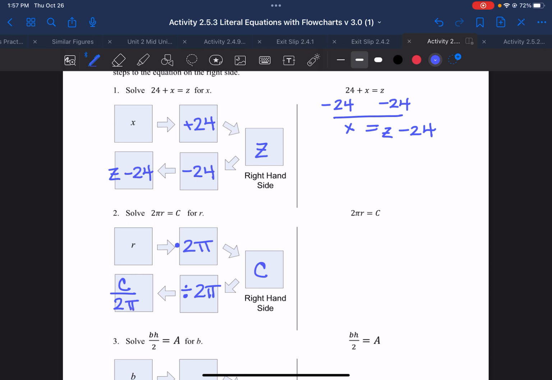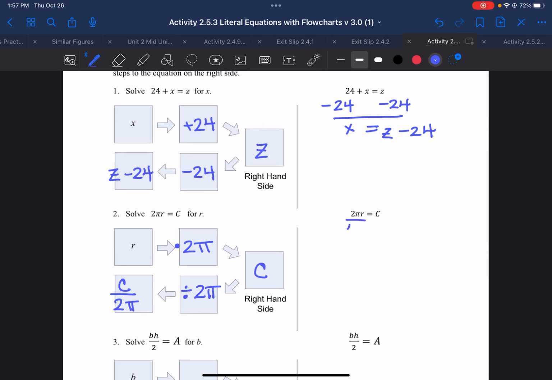Let's show it in the algebra method. Divide by 2 pi, divide by 2 pi. What do I get? I get r equals c divided by 2 pi.